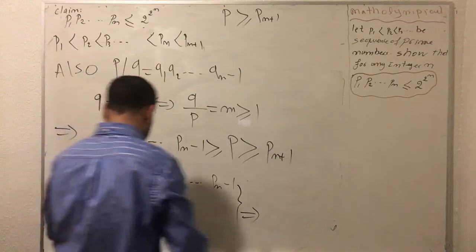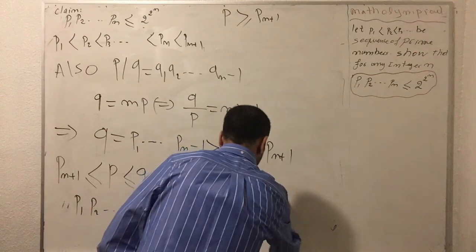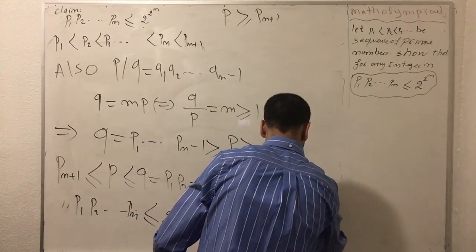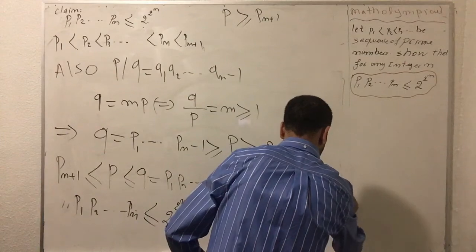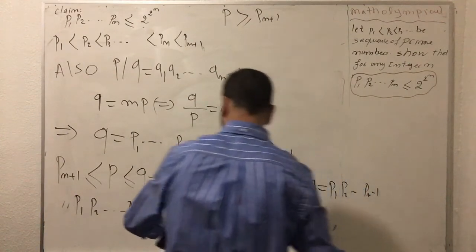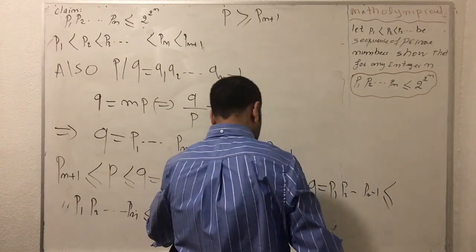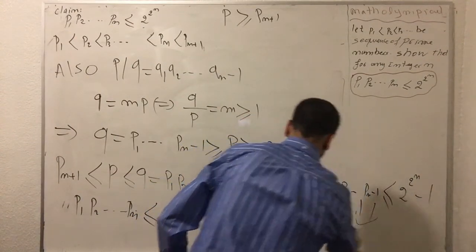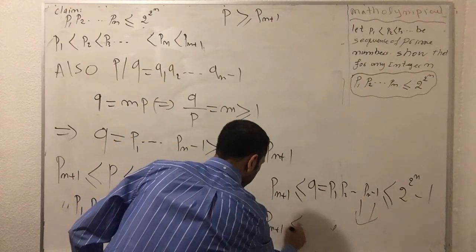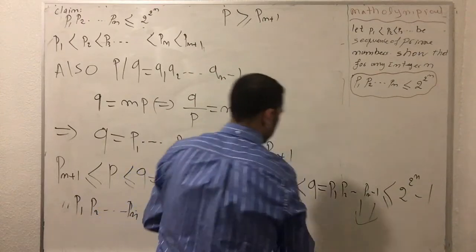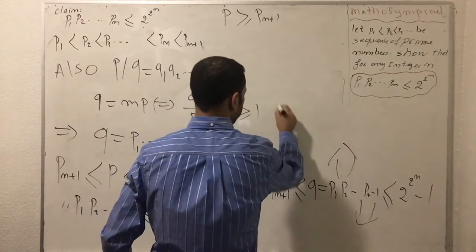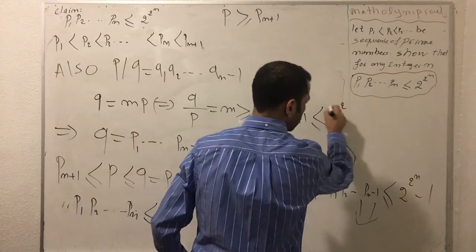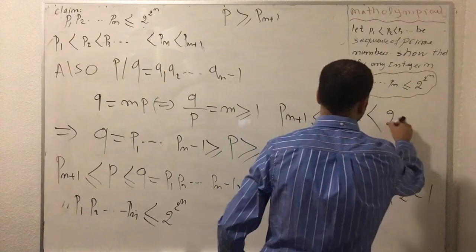This means Pn plus 1 is less than or equal to Q, which is P1 through Pn plus 1, which is less than or equal to 2 to the n minus 1. That means Pn plus 1 is less than or equal to 2 to the n minus 1, which is less than 2 to the n.